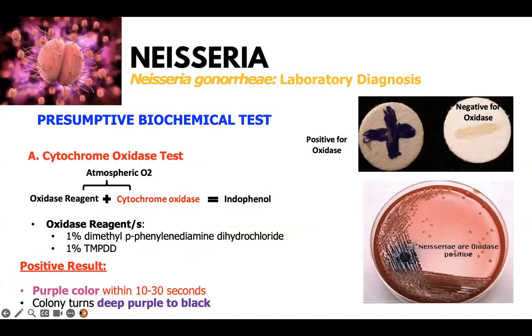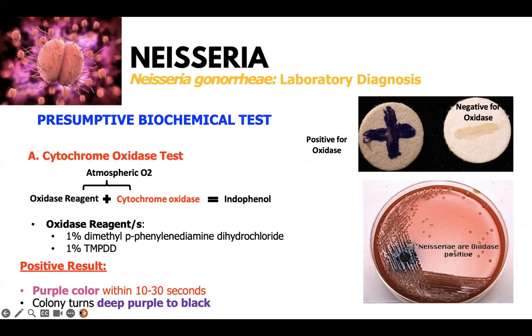Okay, so for presumptive biochemical test naman, may biochemical pa rin tayo dito sa Neisseria. So we were able to cover this the last time under biochemical tests. So cytochrome oxidase, we use this for identifying your Neisseria presumptively. Alam na natin yung mga principle niyan at yung reagents na ginagamit natin.